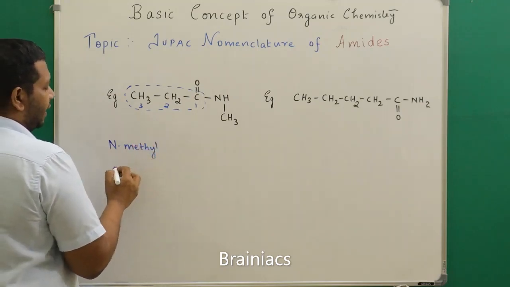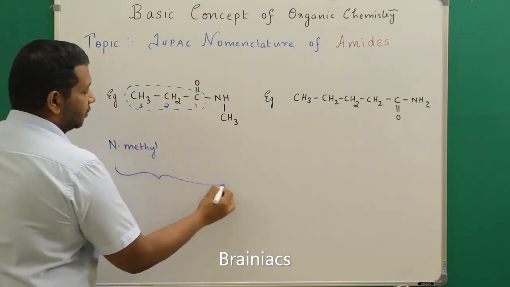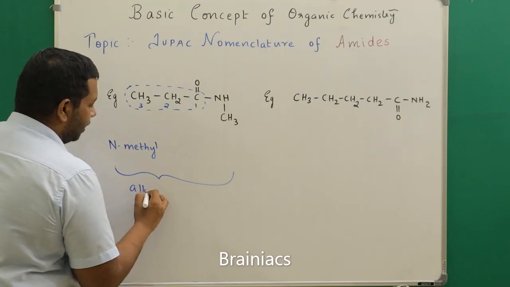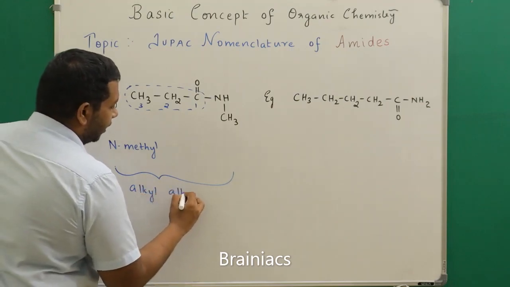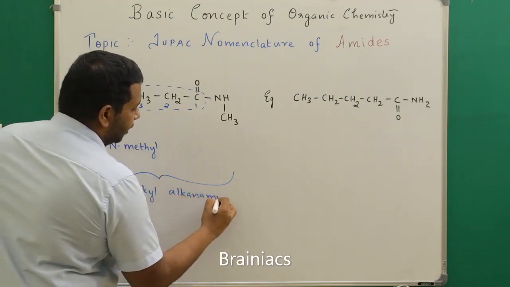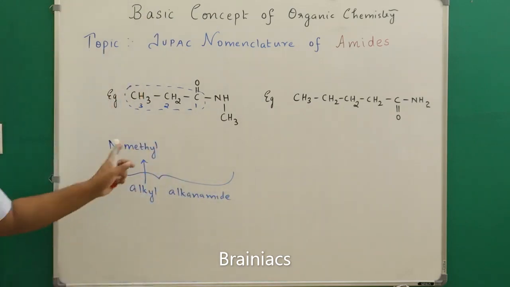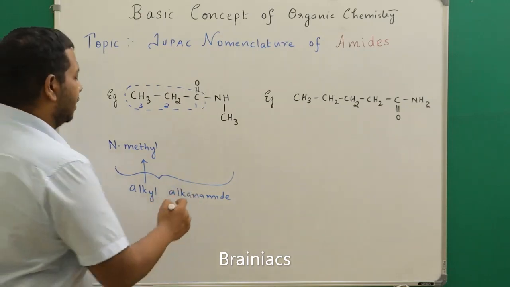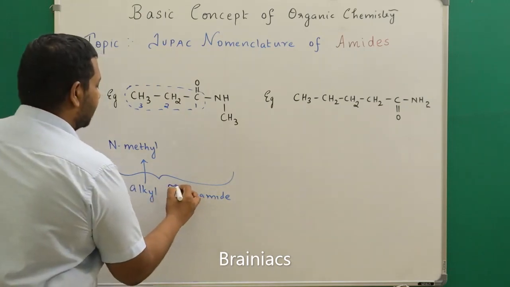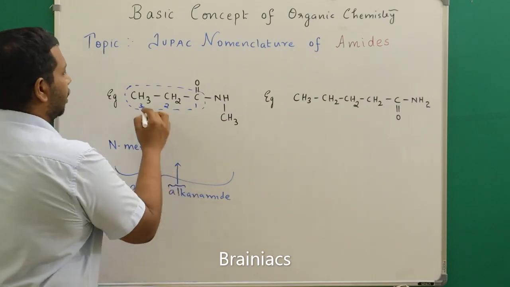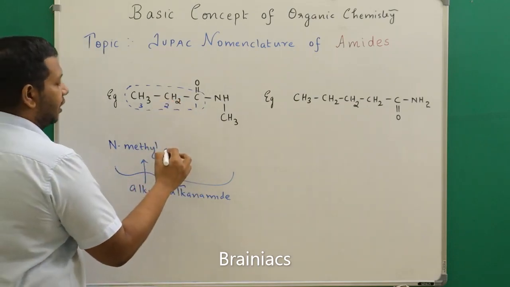This is called the alkyl. We know that the functional class name is alkyl alkanamide, correct? So here I can say N-methyl. Now in alkan, what is the alk part here? Alk is the word root. How many carbon atoms are there? 3 carbon atoms. So I will say prop.